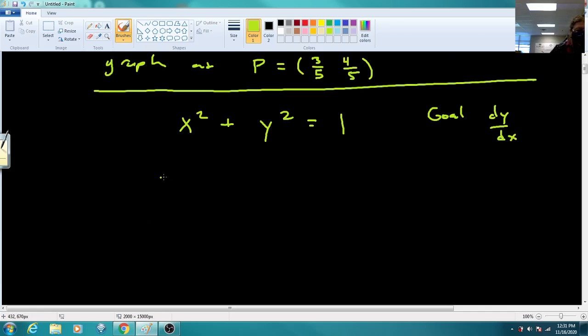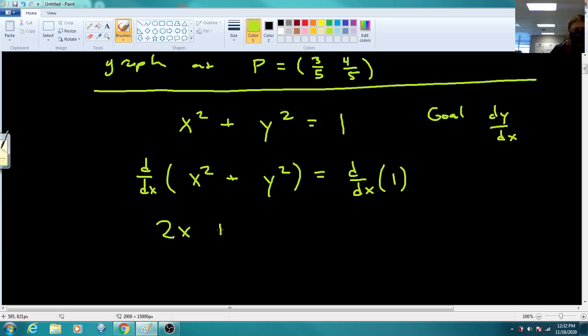So we apply d dx to both sides. D dx of x squared is 2x, that's easy. D dx of y squared, this is where we use the chain rule. Y is a function of x, so we get 2y times the derivative of y with respect to x, and this is what we'll eventually solve for. That equals d dx of 1, which is 0.